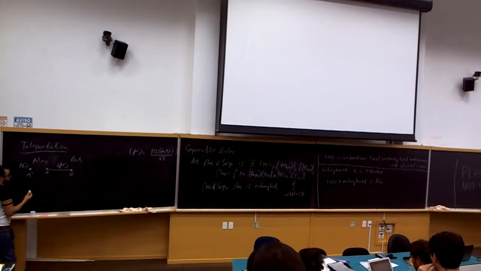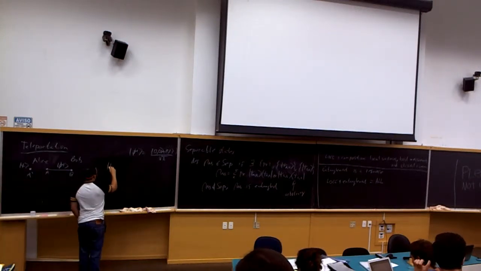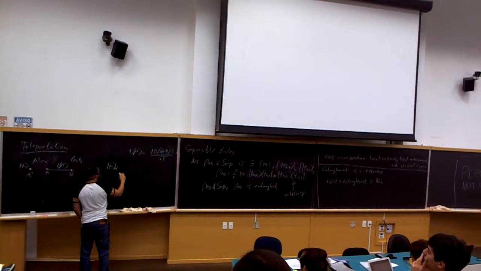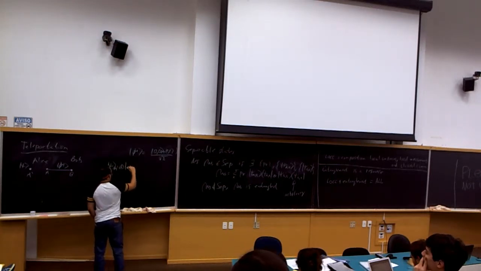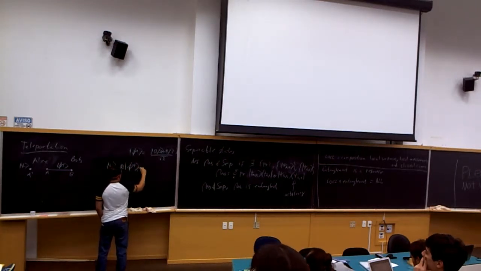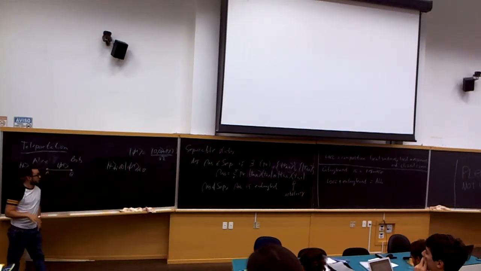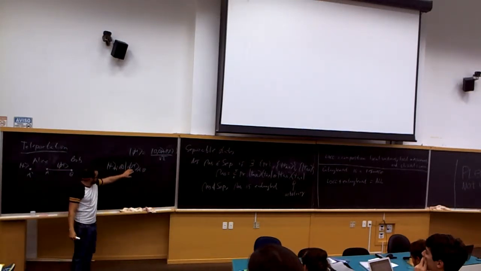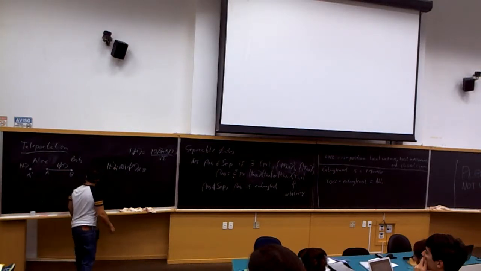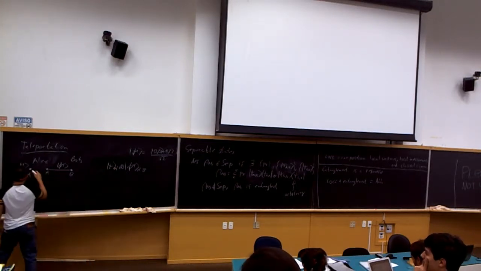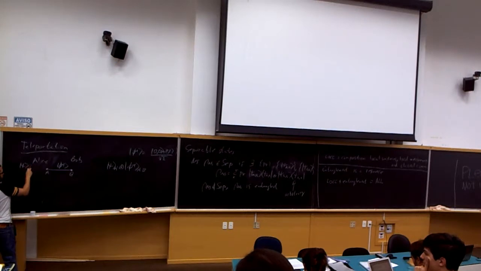So what is the total state? Alice has this A prime register. She also has half of a maximally entangled state, and Bob has the other half, right? So that's the initial shared state. Note this is completely independent of psi. And now I'm going to show you how Alice can teleport. She will make a joint measurement here. So Alice measures here.